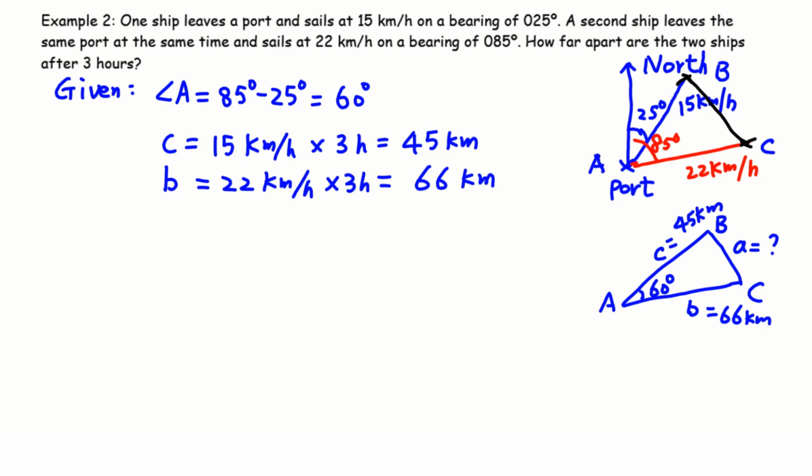Then we are going to see this one, the cross. You have one angle given, but the opposite side is not given. So we don't have a over sine A. Then we don't use this sine law. So we are going to try the cosine law.